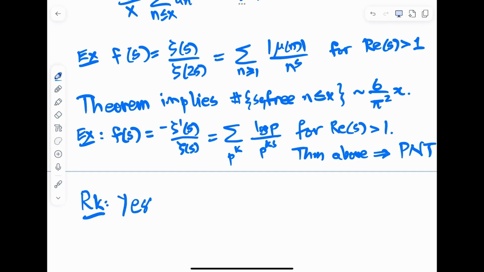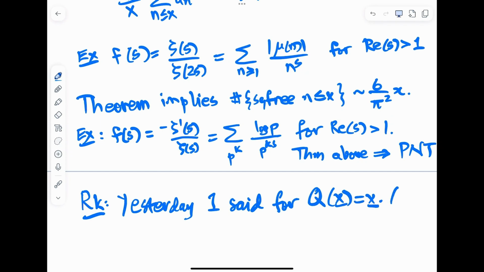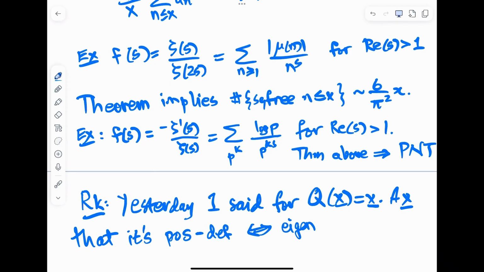So yesterday I said if you had a quadratic form, it's positive definite if and only if the eigenvalues of A are all positive.